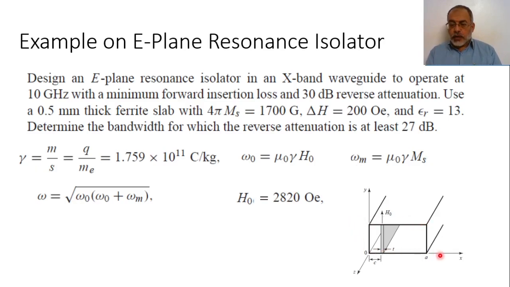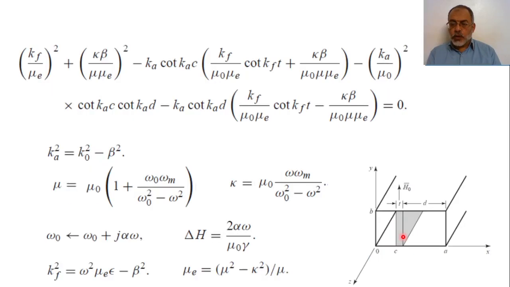For a waveguide loaded with a ferrite slab, we have studied the propagation of this problem before, and we obtain the characteristic equation of this configuration in this form, such that we have here Kf, the ferrite propagation constant, K, or ferrite cutoff frequency, over mu extraordinary, and here we have kappa and mu.